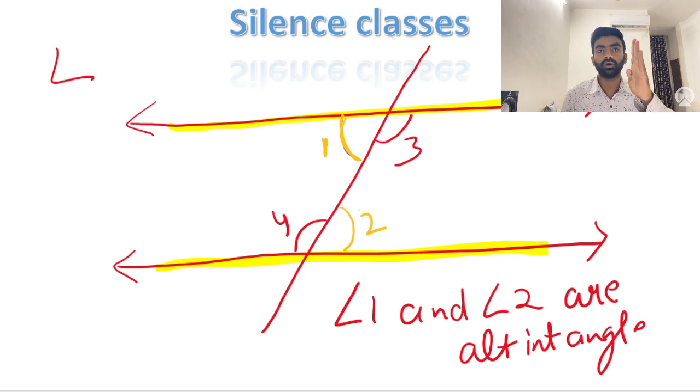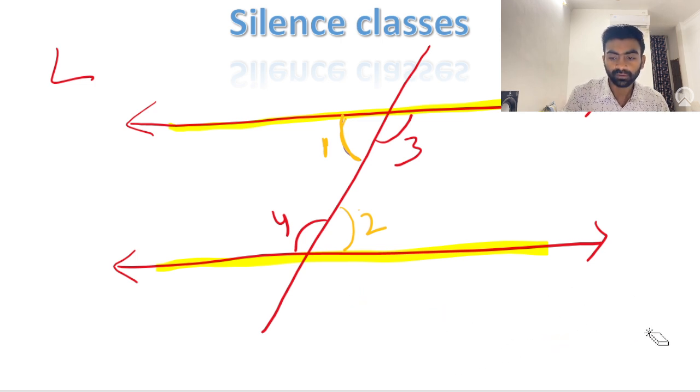One should be of the right hand side and one should be of the left hand side. Then only can we say these are alternate interior angles. I hope you understood what these angles are.